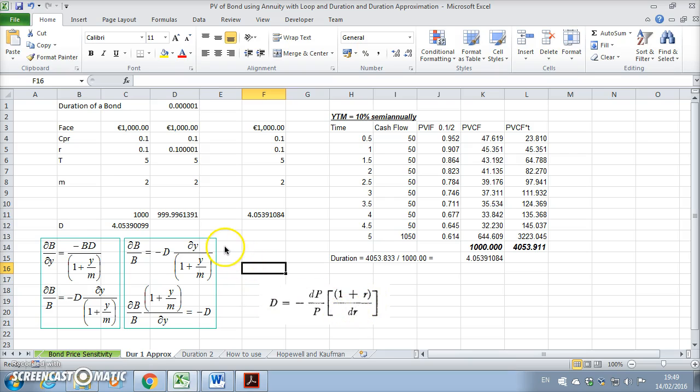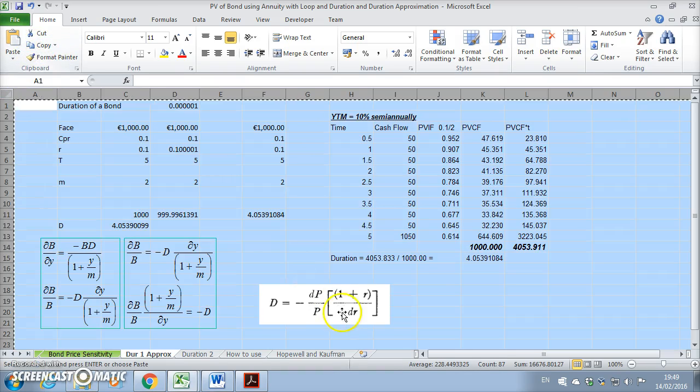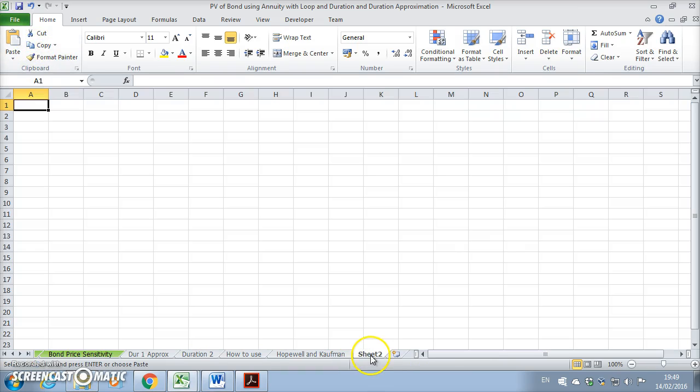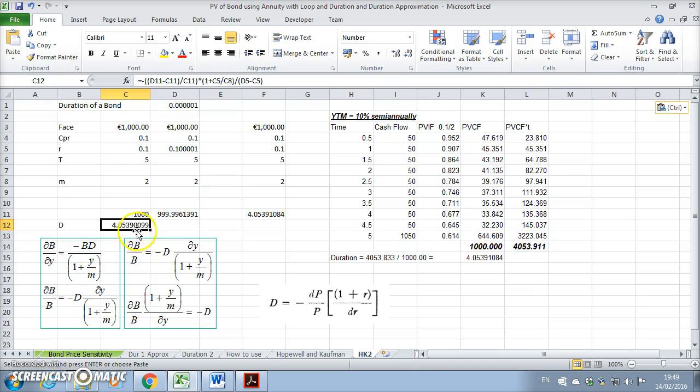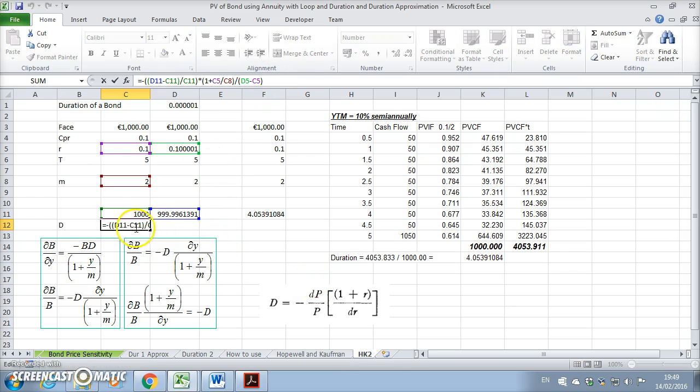Now we had already estimated, if I take these figures again, let's copy and put into Hopewell and Kaufman, and I'll call it 2, and just paste, and we look at this figure here. I had originally worked out this value for duration.